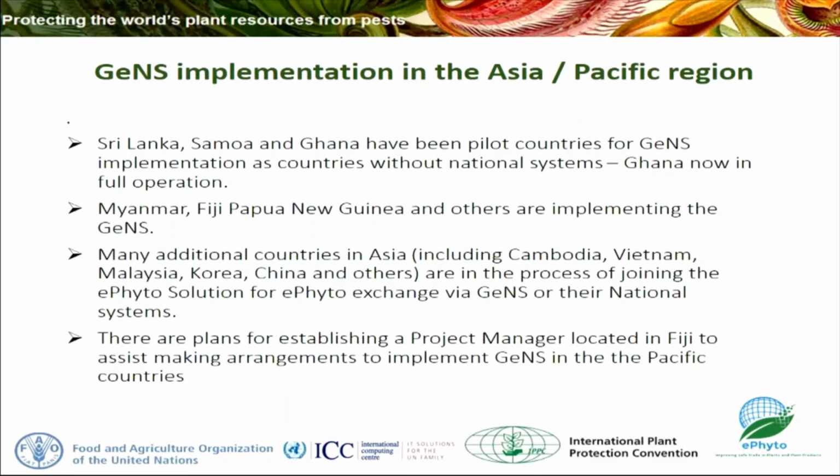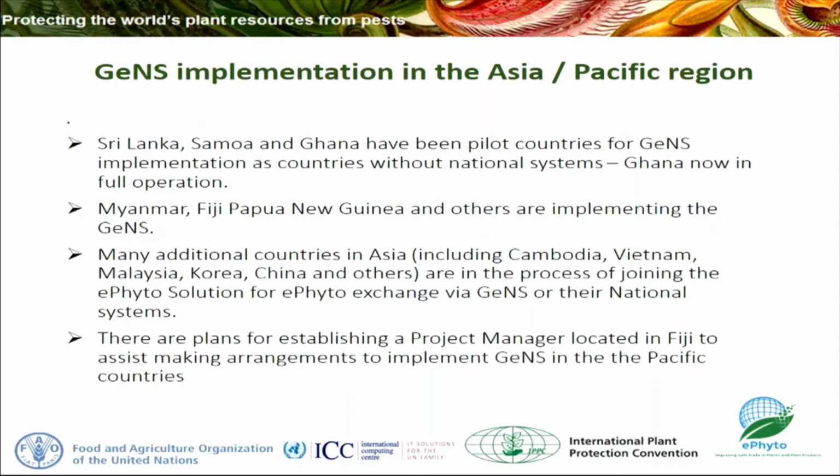So as I noted before, this region is particularly important for us, but specifically Sri Lanka, where my colleagues will be going next week to help further their involvement with the GeNS. Samoa has been very active. Myanmar, Fiji, Papua New Guinea, and many others are developing in their access to the hub through the GeNS.